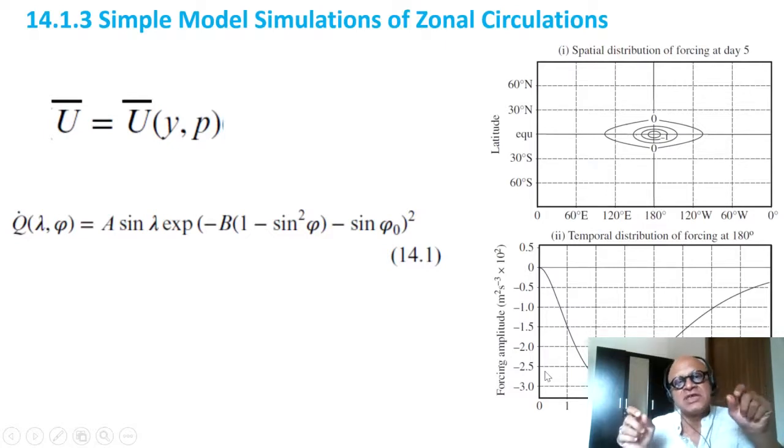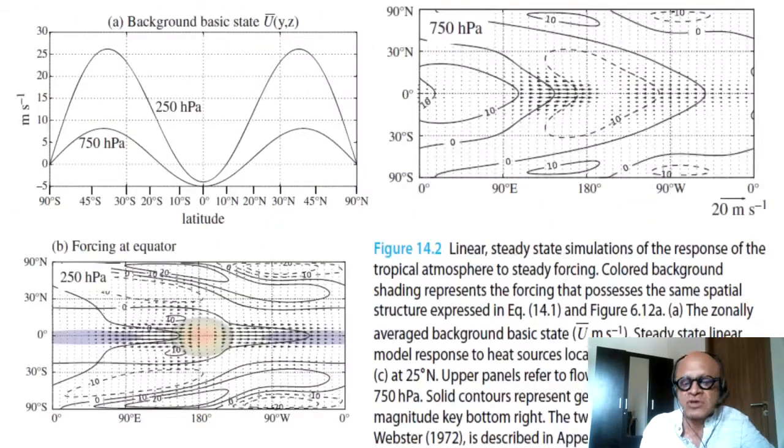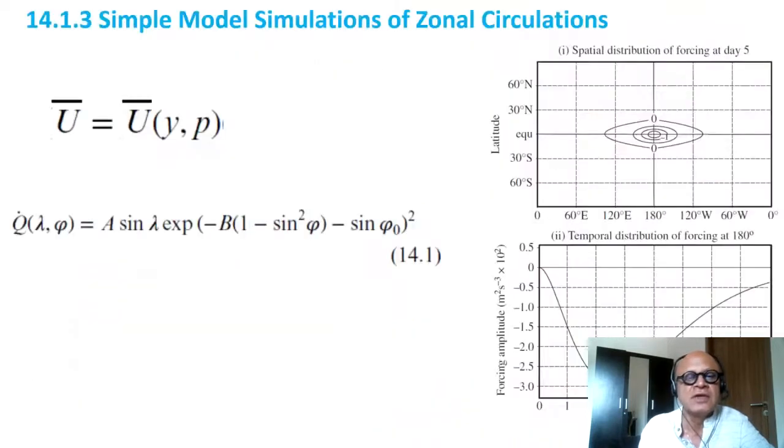In the basic state being at rest, we had seen that there was a fast-moving Kelvin wave going eastward and slow-moving Rossby waves going westward. We're going to see the same solution now in the background state given by this.